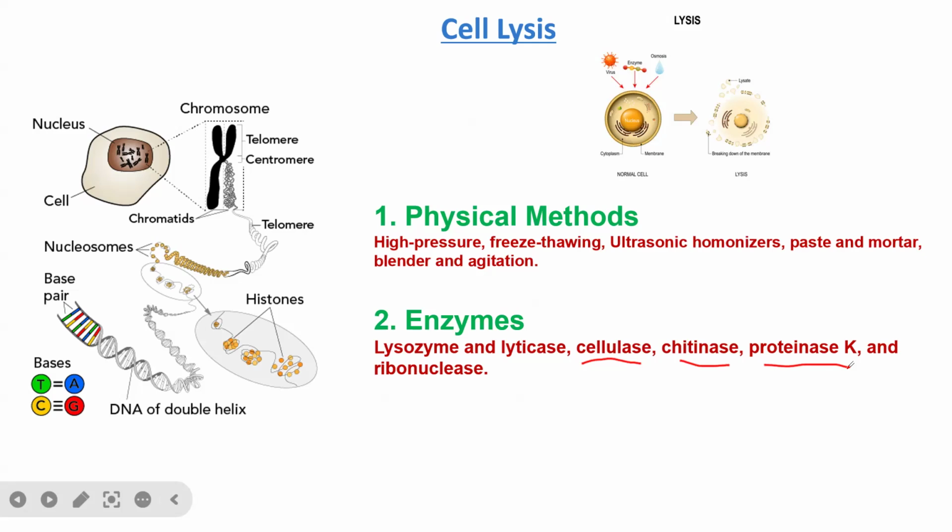To remove the protein component of that lysate, you need proteinase K. Proteinase K will degrade the proteins, including histone and other non-histone proteins. It will break down all the proteins that bind to your DNA, and this ensures that the DNA is released and free from other proteins. That is why you use proteinase K.